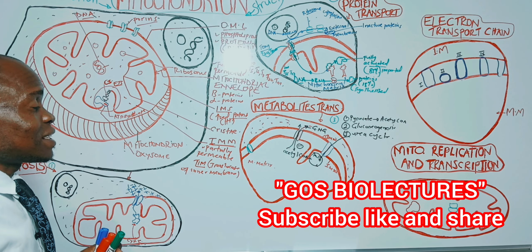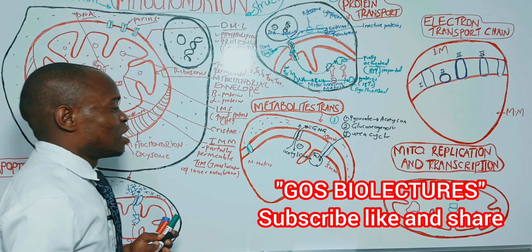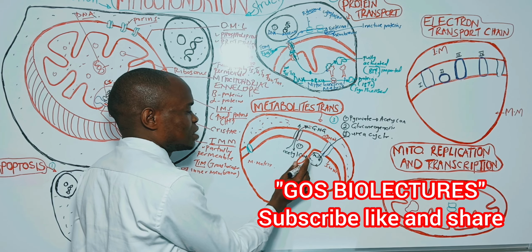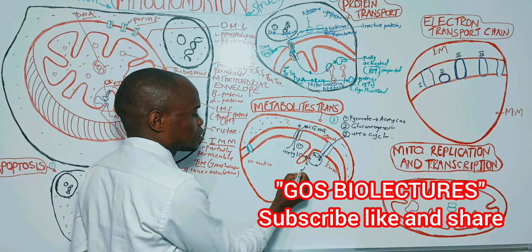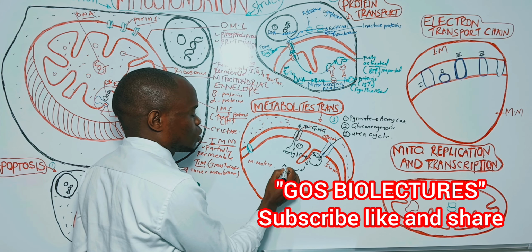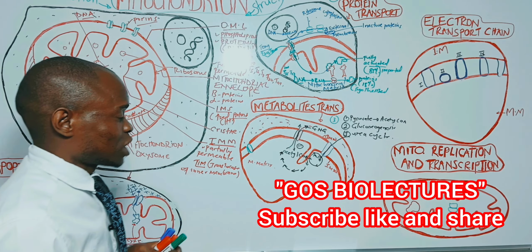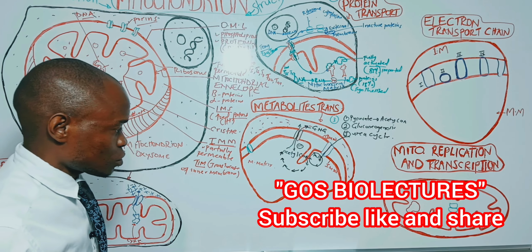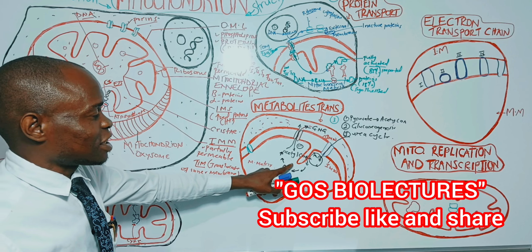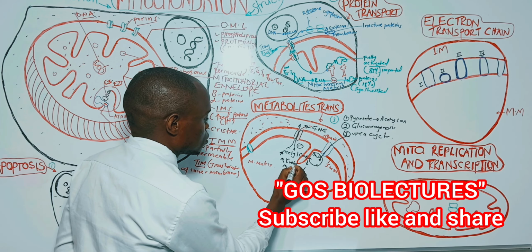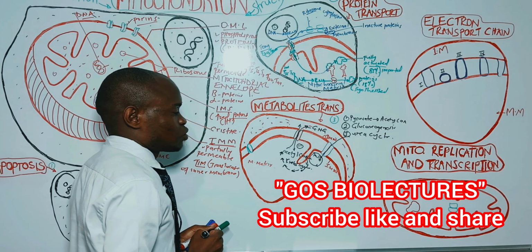But also, after forming this acetyl coenzyme A, it undergoes several reactions, forming different substrates. We don't want to talk about them here, up to oxaloacetate. Now, what is taking place here is what we call the Krebs cycle, also called the tricarboxylic acid cycle.